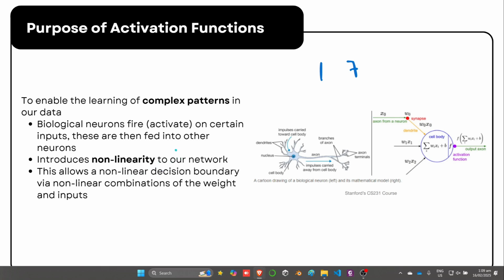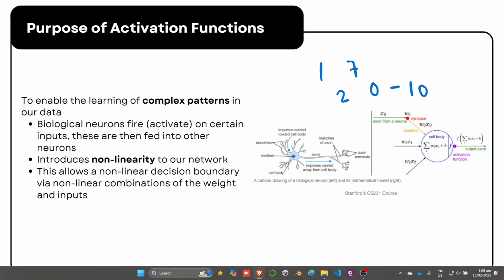Remember I talked about the decision boundary between a 1 and a 7. Now imagine we have a whole host of digits, numbers, alphabets, all the digits from 0 to 10.